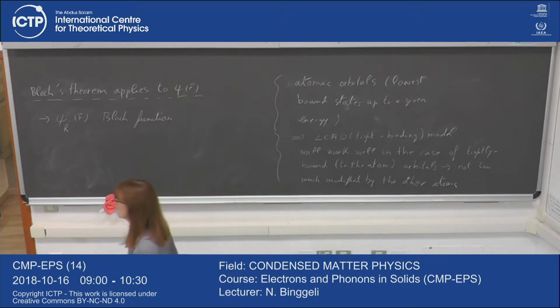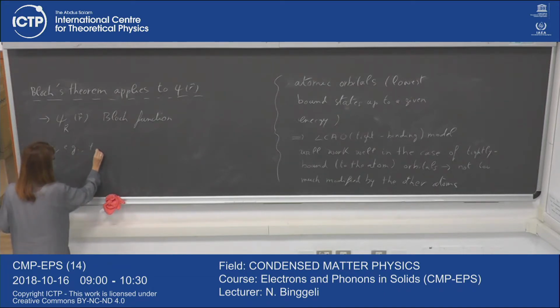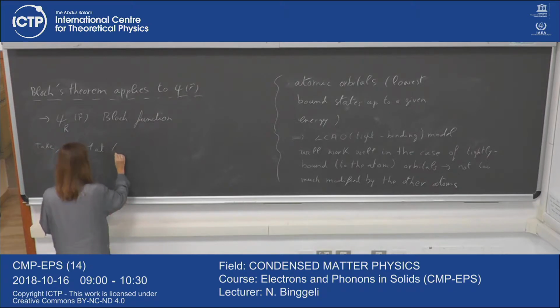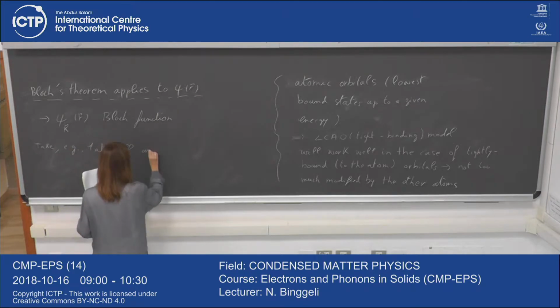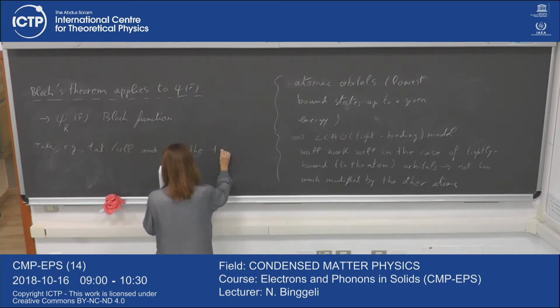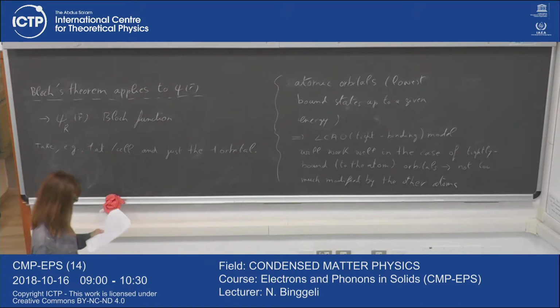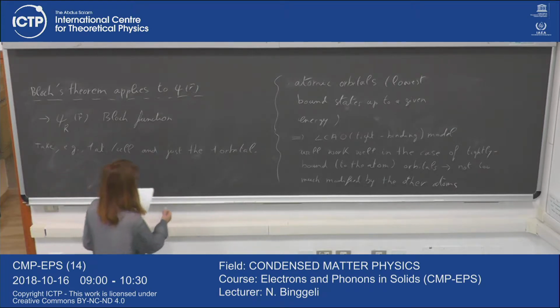So in this case, I sum over all Bravais lattice sites in my crystal some coefficient times the s function centered on that site. So I take the case where I have one atom per cell, so a monoatomic lattice, and just one orbital, that is the 1s state.